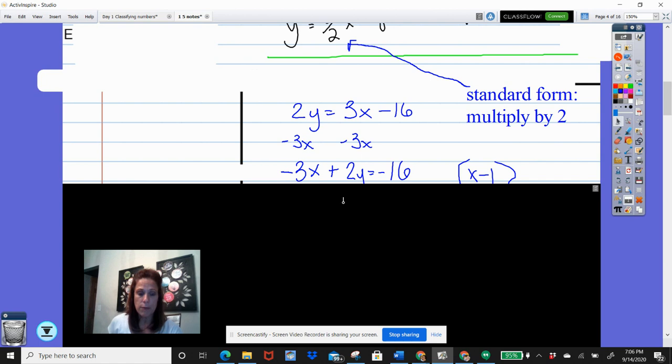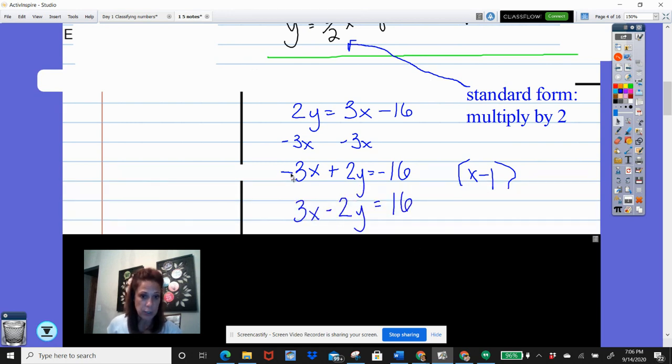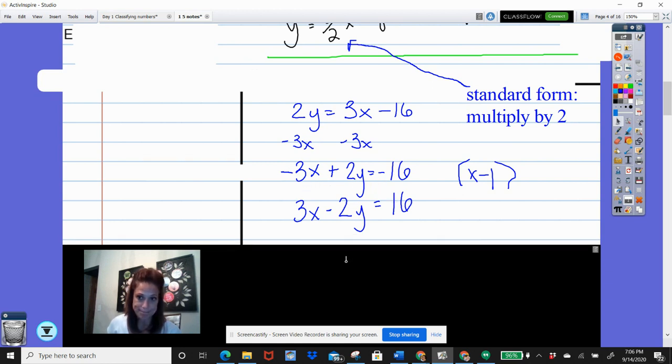Now the rule for standard form is ax plus by equals c, and this has to be a positive integer, but right now it's negative. So I'm going to multiply the whole thing times a negative 1. So that just makes the signs change, the negative to a positive. So if I do it to one, I have to do it to every term. So this changes to positive, negative, positive. And there is your standard form. Okay? Good luck.